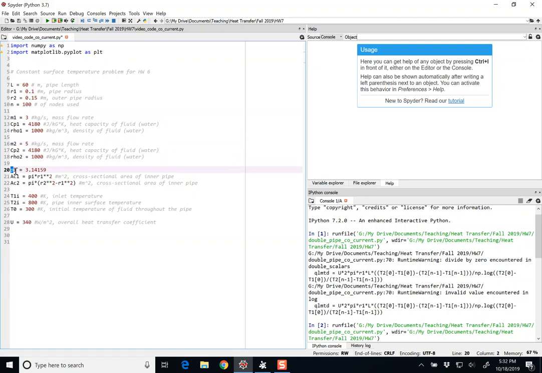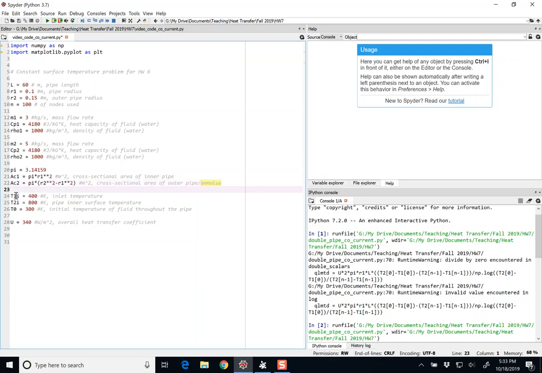We define pi. In the previous video, we also defined our cross-sectional areas. The inner pipe is pi times r1 squared, and the outer pipe, or that annular area, is pi times r2 squared minus r1 squared. So that is an annulus.